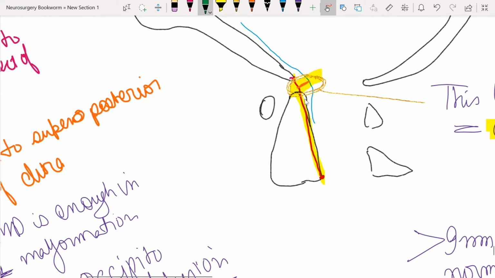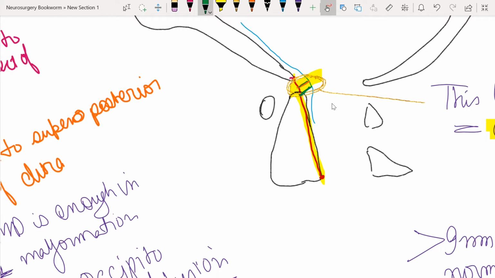So here you can say it to be this line, or you can say it to be this line. It is not exactly given from where to draw the second line. What is written is that it is drawn from the superior posterior aspect of the dens.